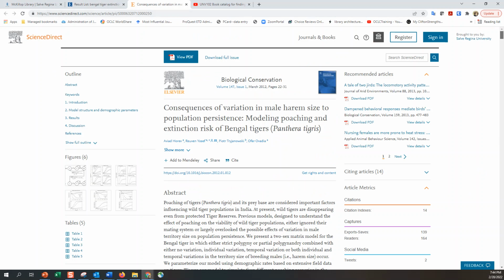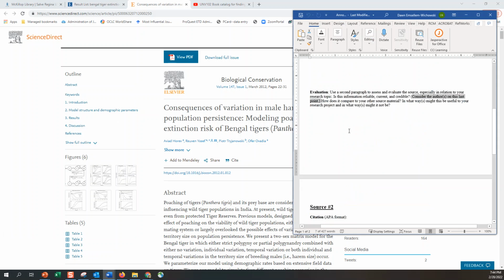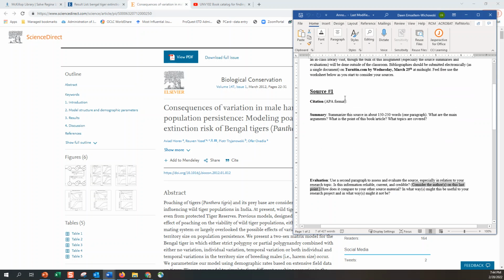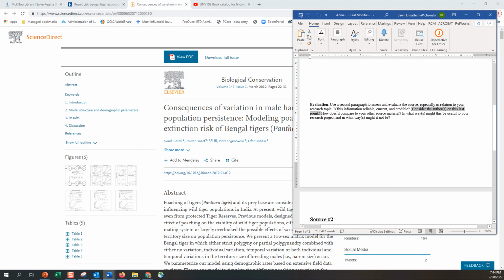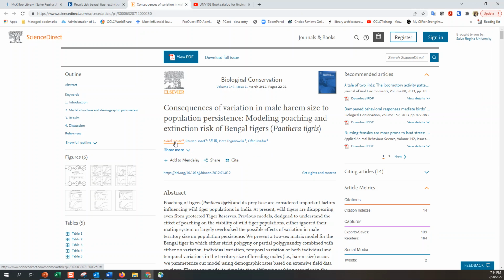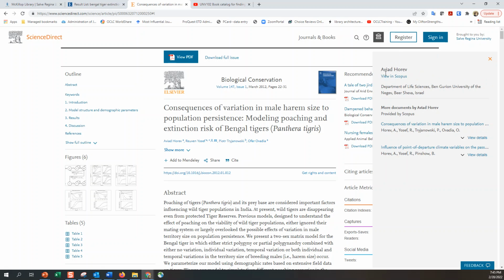Now, there's a few other things that this database will do for you. If your annotated bibliography assignment is telling you that you want to look at whether the information is reliable, current, and credible, and it wants you to look at the authors, you can go over here, and this database has the name with a superscript letter, and if you click on it, it shows you what university they're affiliated with.